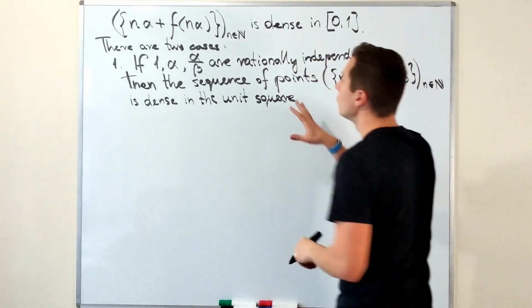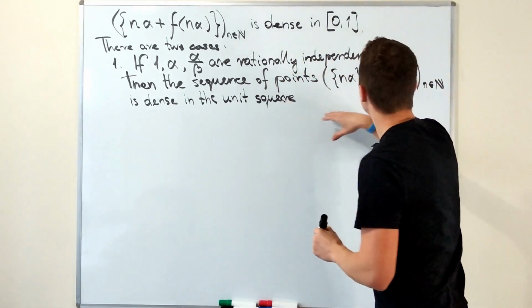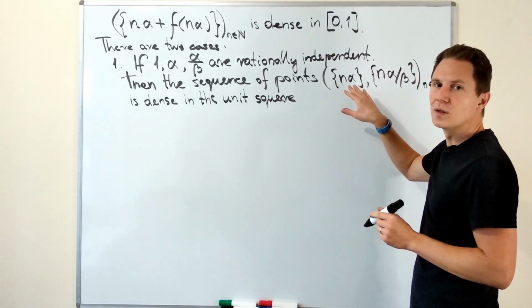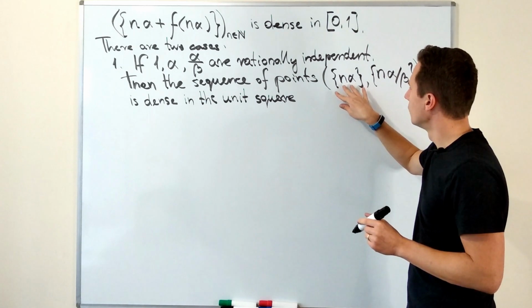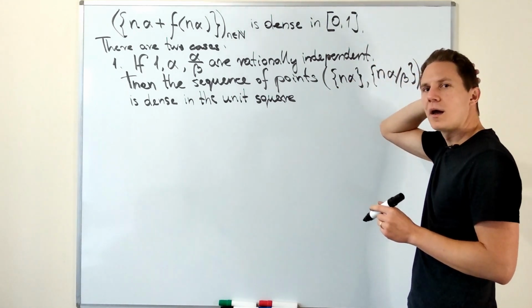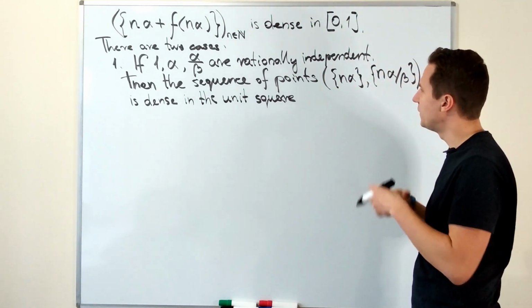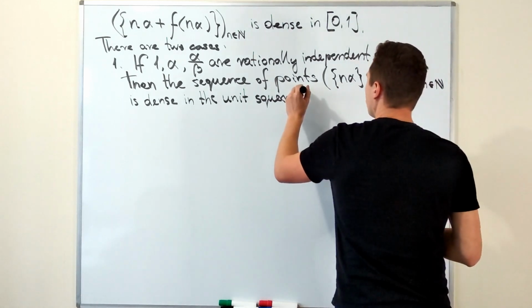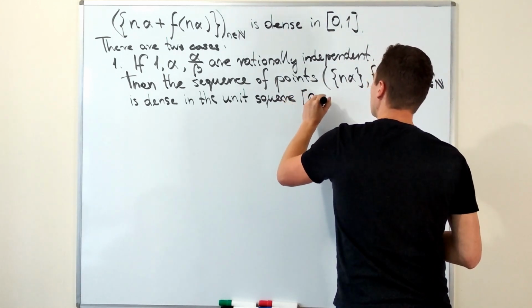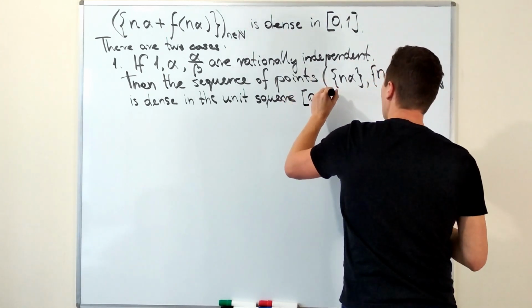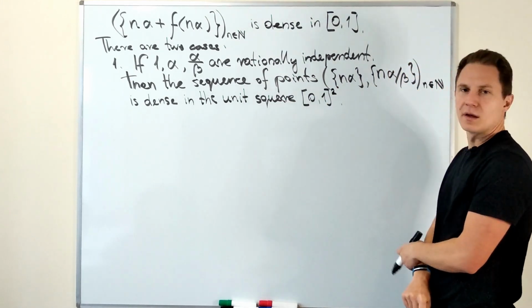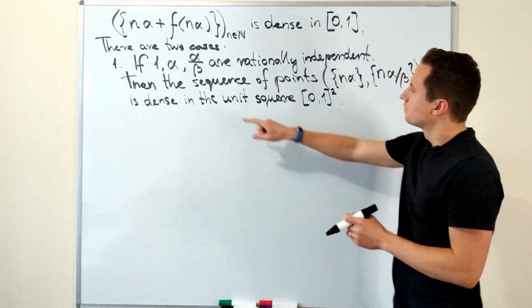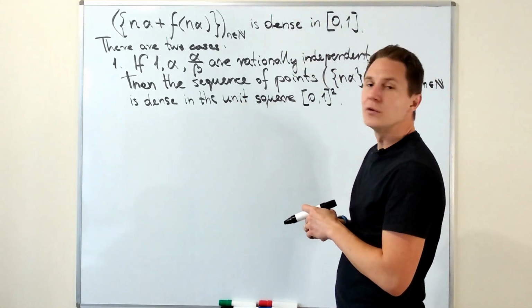I'm actually using the statement that says that if I have the fractional part of multiples of an irrational number, it's going to give me a dense subset of the unit interval. I'm using it in both coordinates in this case, so it gives me a dense subset of the unit square.